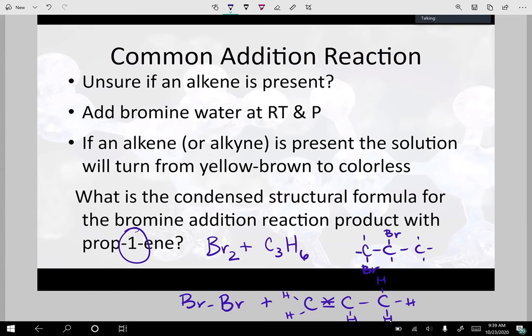What would the condensed structural formula be? Excellent question. I had a question in here: do we add both bromines or do we just add one? We've got to add both of them because when that broke, it needed one thing here and one thing there. And luckily we happen to have one of each of them. Good question. Thank you for typing that in the chat.